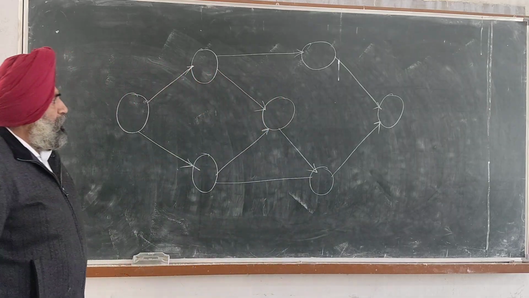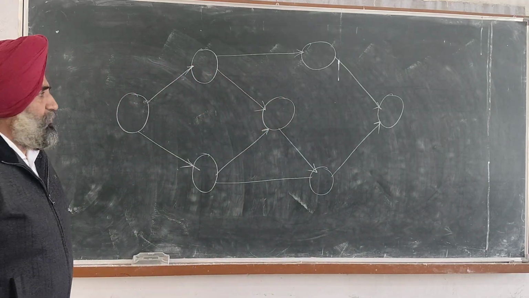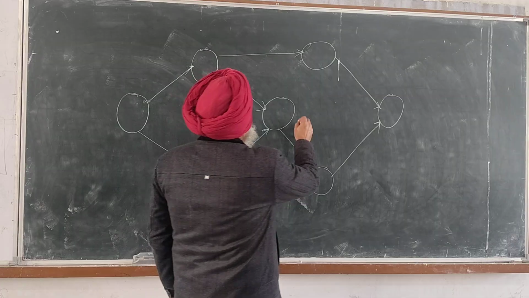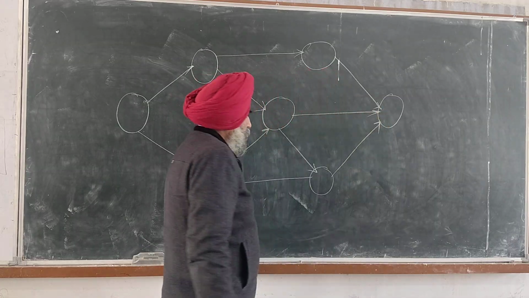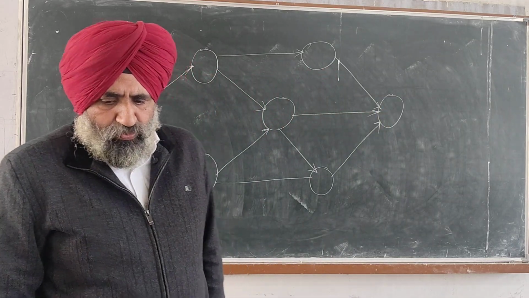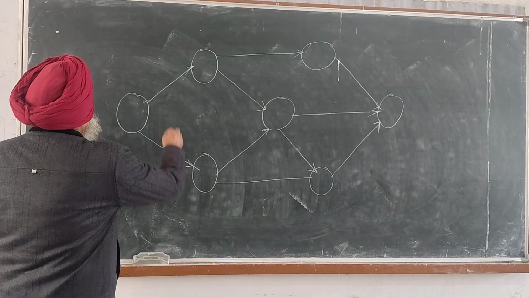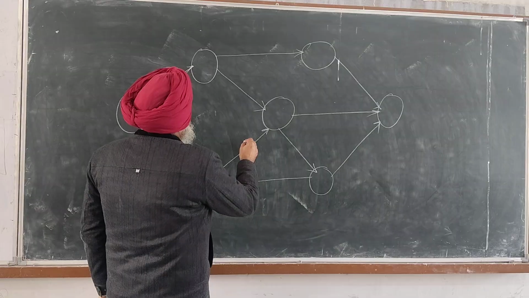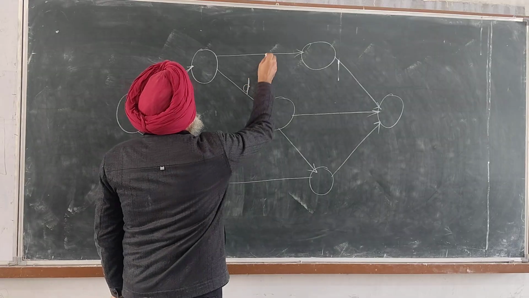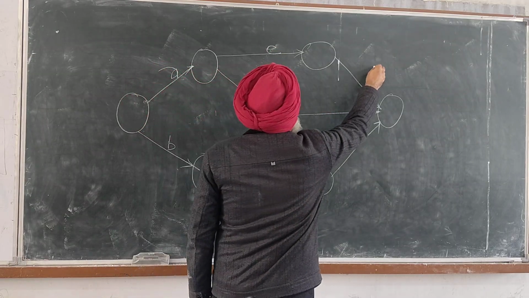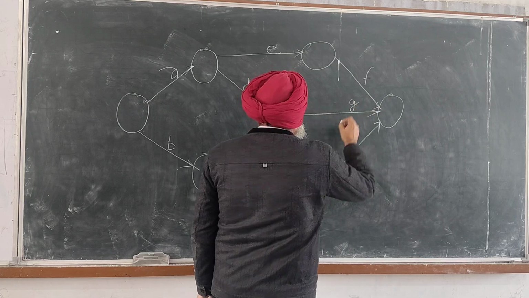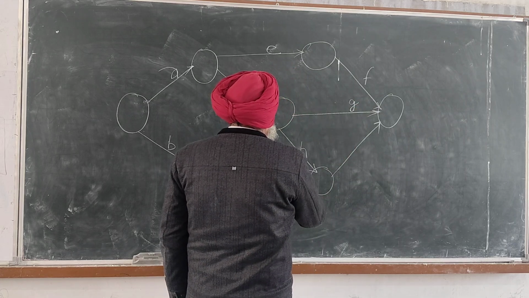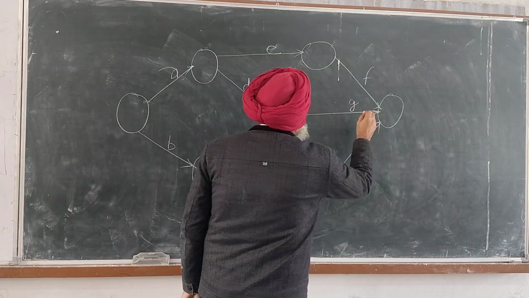Now let us make the numbering system of this one. Both routes are being followed here. Now this is activity A, this is B, this is C, D, E, F, G, H, I, J.